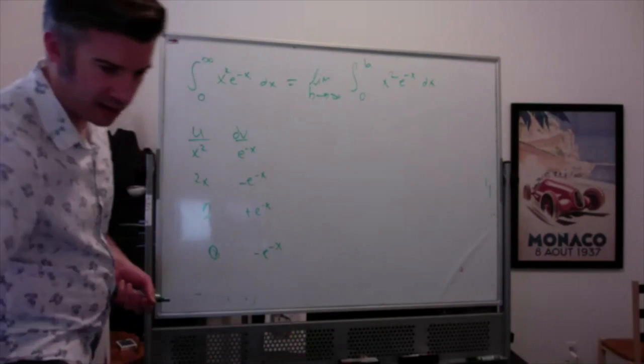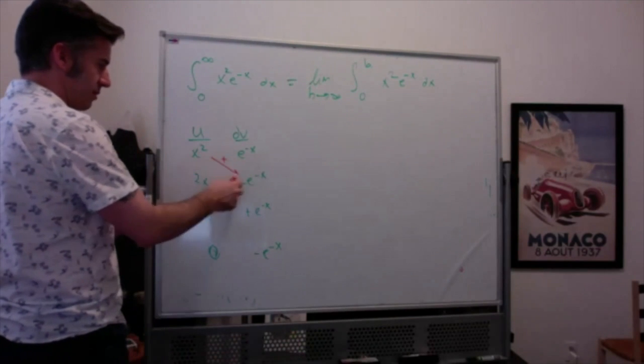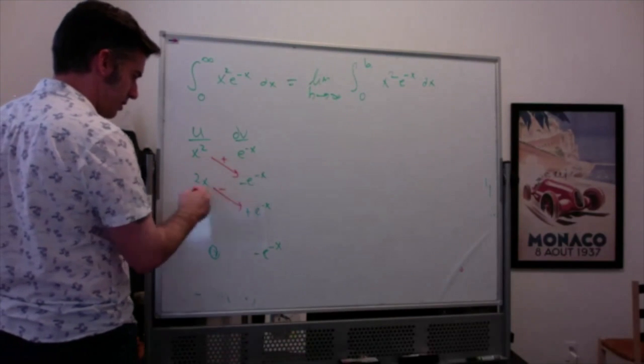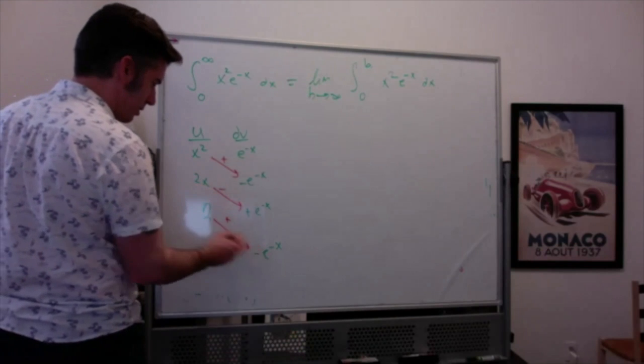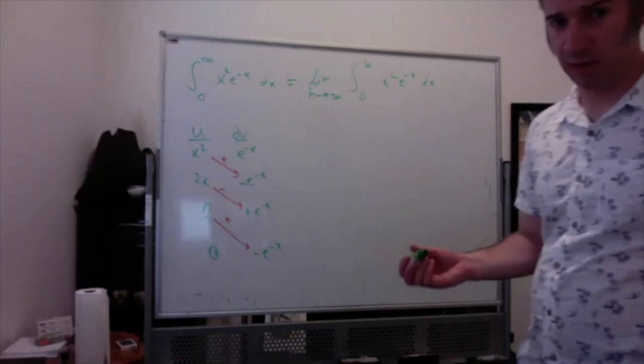Okay, so then we do the thing, right? It is plus this times this, minus this times this, plus this times this. Well, that was certainly easier than it could have been.